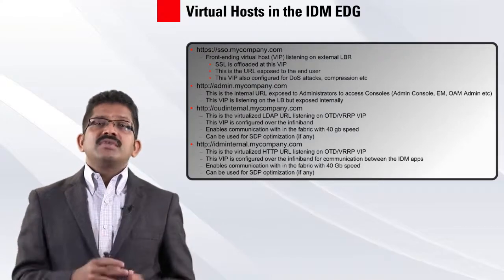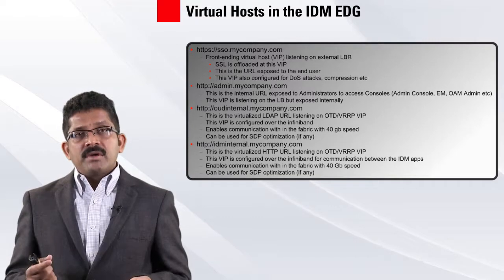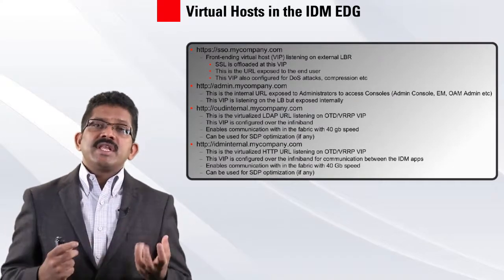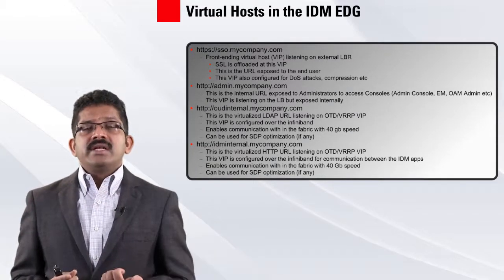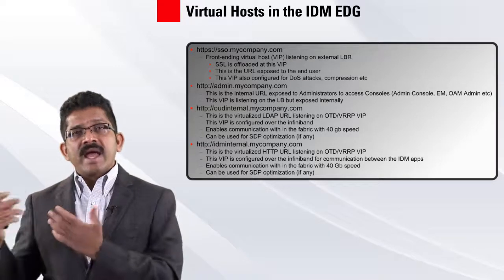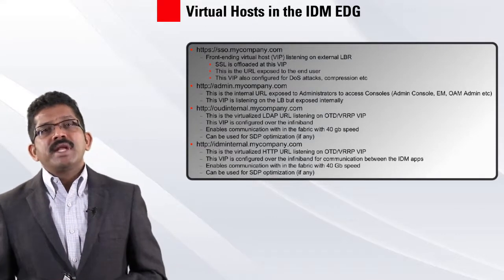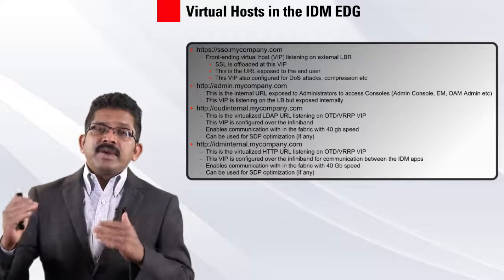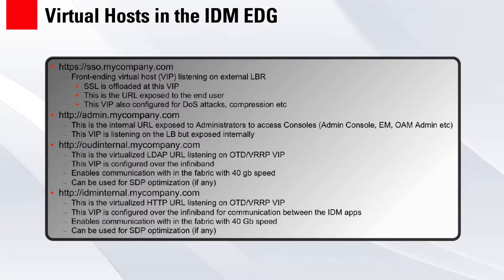To address both of those requirements, we are creating a virtual VIP on the load balancer, but that VIP is internal facing in the DMZ. That VIP is visible only in the DMZ from the intranet, so that you can VPN into the DMZ and access the admin console. For that, we have admin.mycompany.com. That is on the same physical load balancer, but facing internal to the DMZ only, so it cannot be accessible from outside.